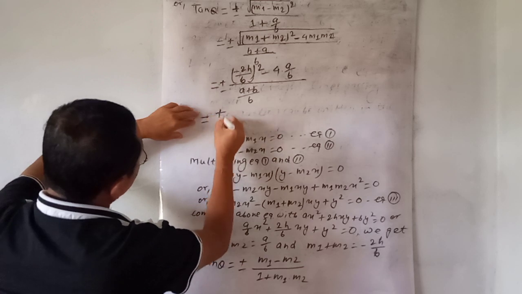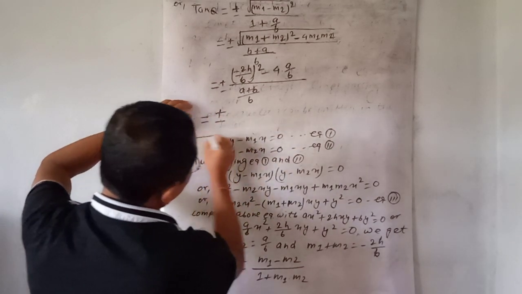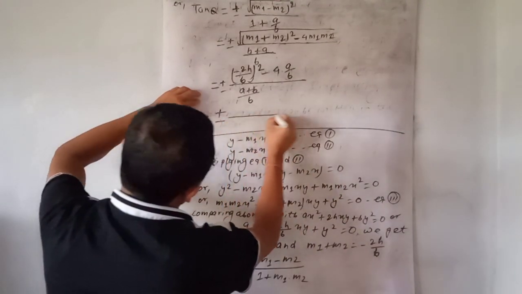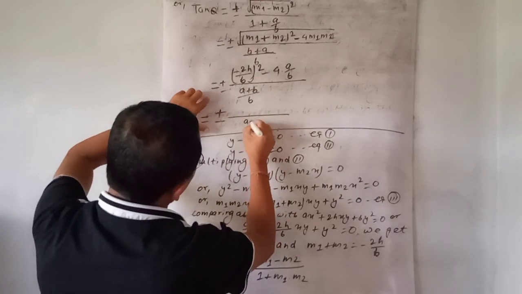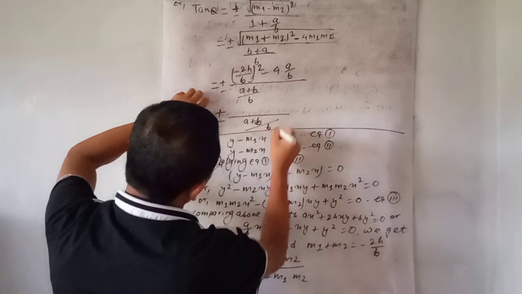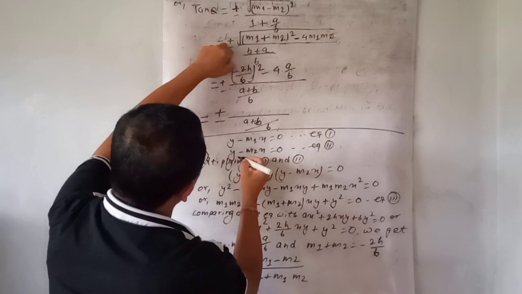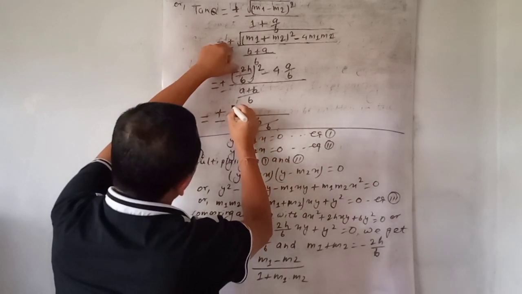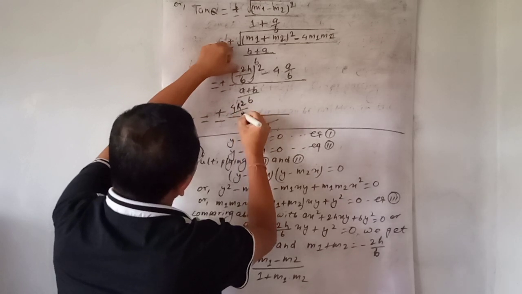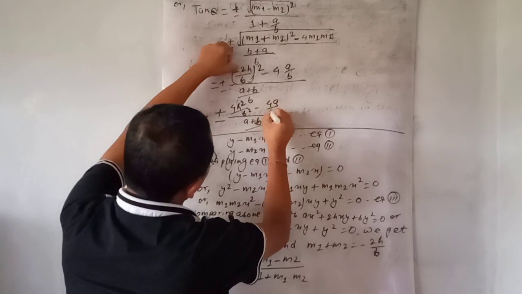So it equals plus minus a plus b divided by b, and minus 2h by b whole square means 4h square by b square, minus 4a by b.